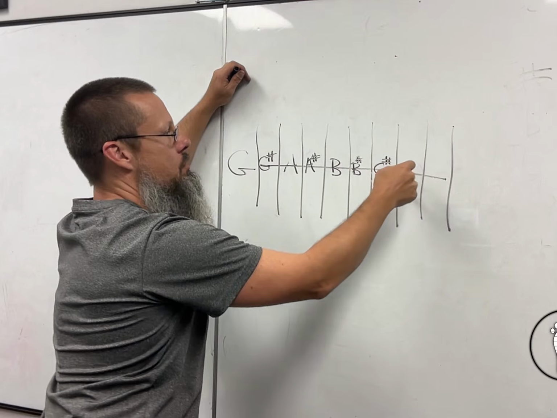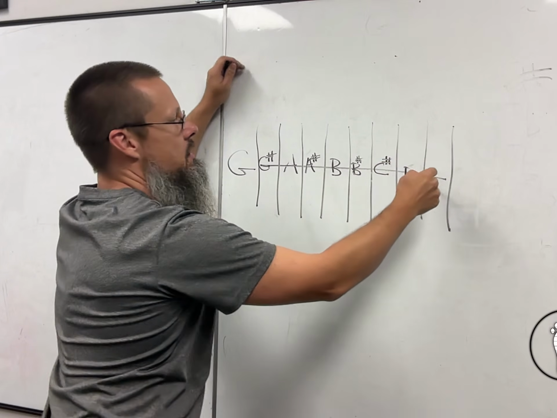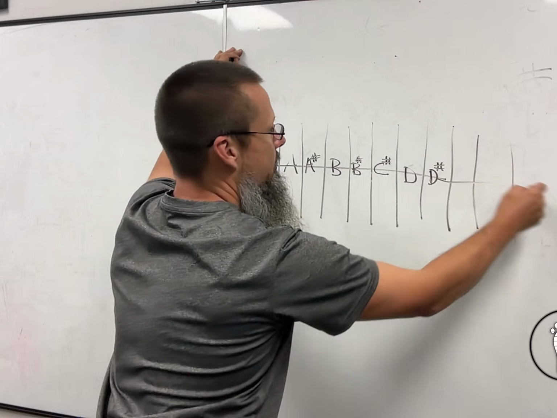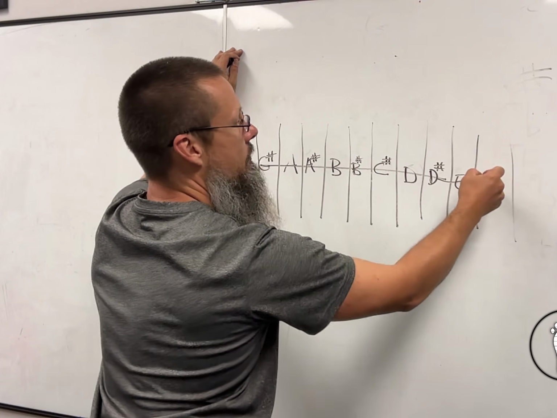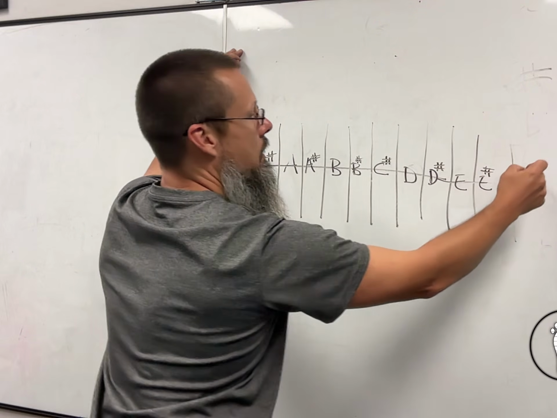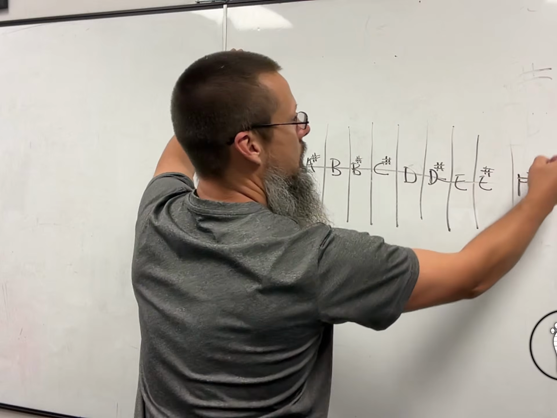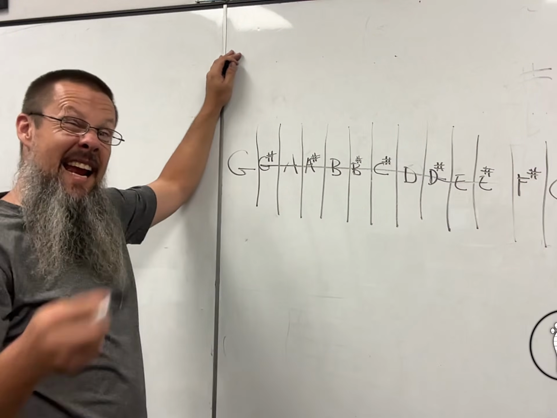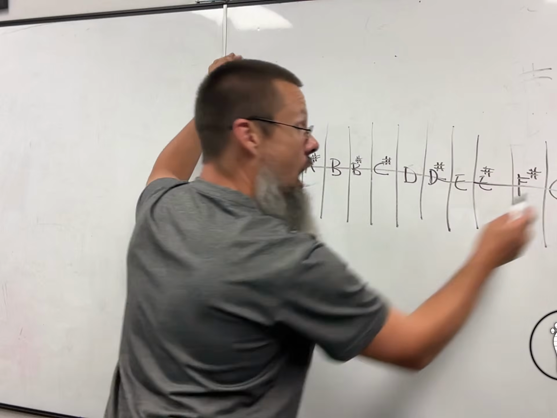C sharp goes to a D. D goes to a D sharp. We then have an E. We have an E sharp. We have an F sharp. And then at the 12th fret, it returns to the same note that we played open.